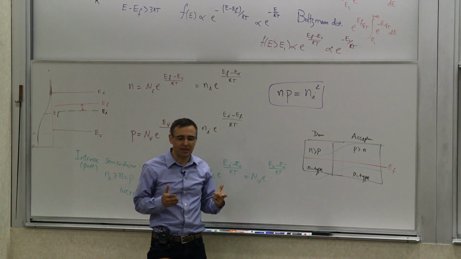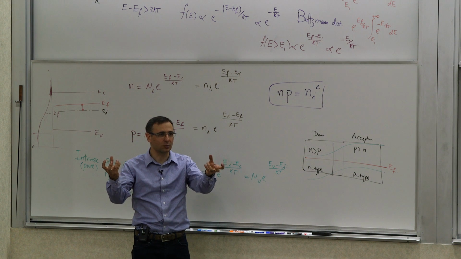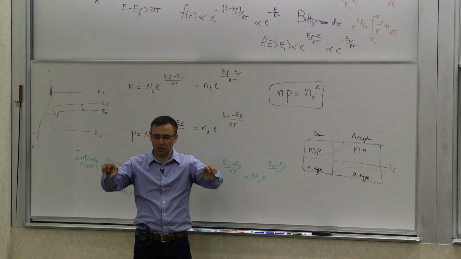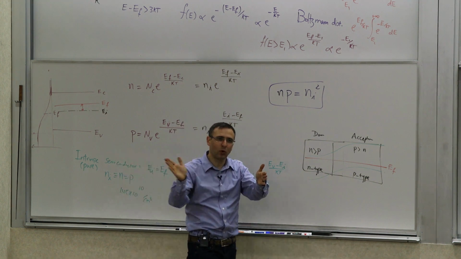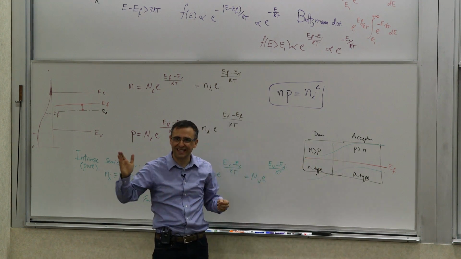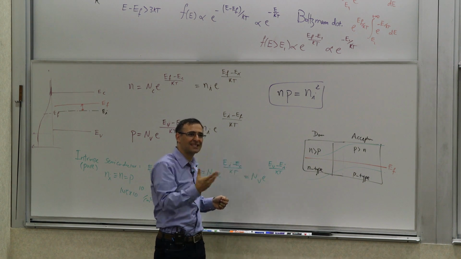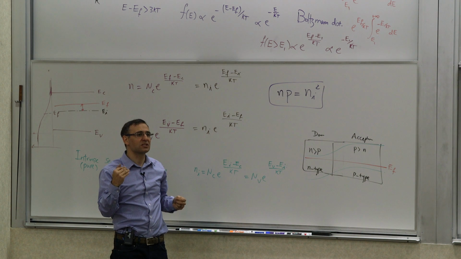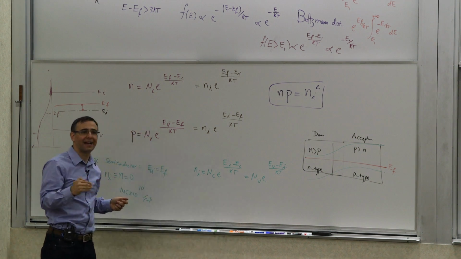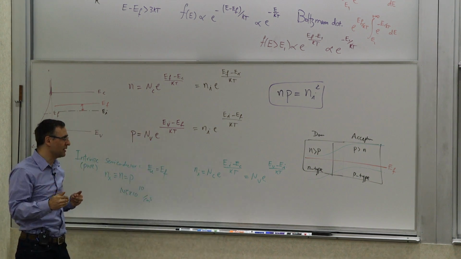The same way that if you have a hot reservoir and a cold reservoir, and you put some sort of thermally conductive material in between, there will be a constant flow of energy from one side to the other. So there will be steady state flow of heat. But that system is not in thermal equilibrium. So I want to emphasize the difference between thermal equilibrium and steady state. And we'll see this more frequently next time.